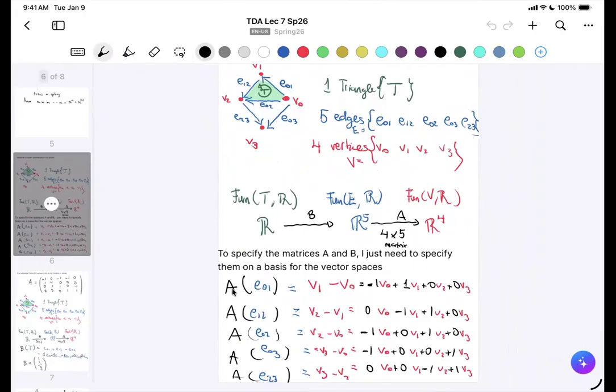The endpoints are counted with sign, a sign count of things. In this case, the convention is nice because it's just the vertex with the higher index minus the vertex with the lower index. That's how we oriented that.